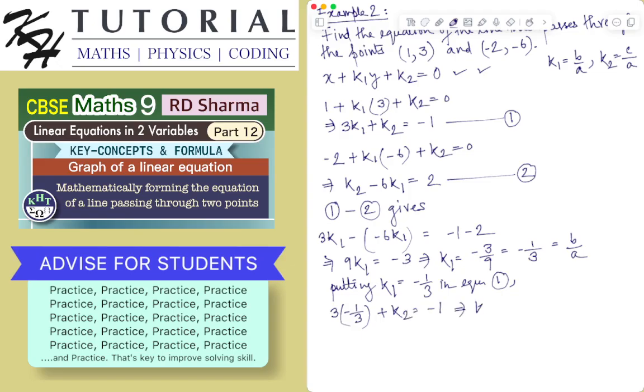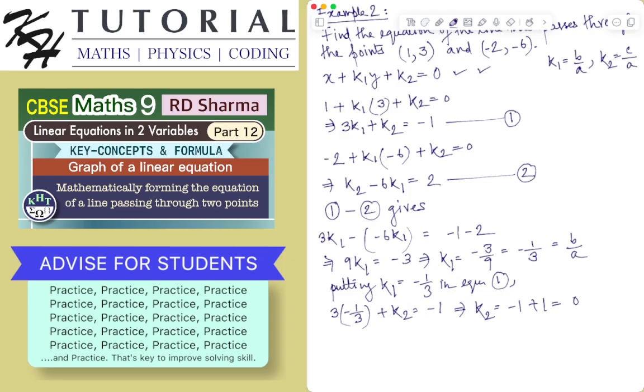This implies k2 is equal to -1 plus 1, which is 0. Okay, K2 is 0. So if K2 is 0, K1 is -1 by 3.